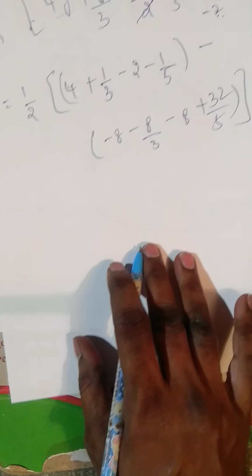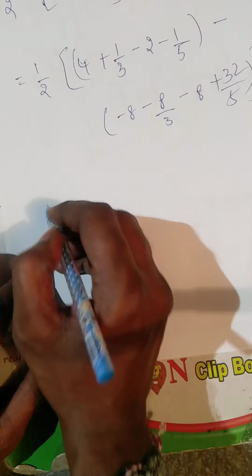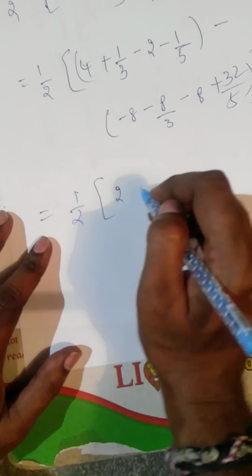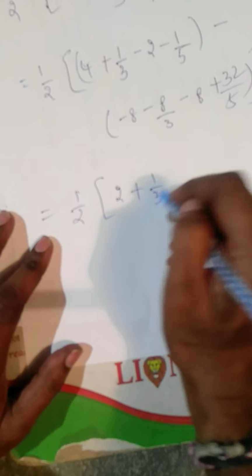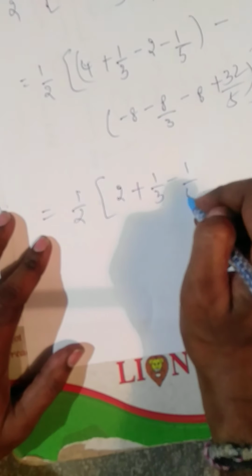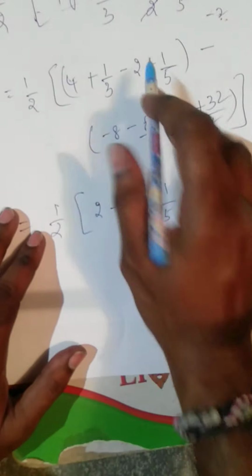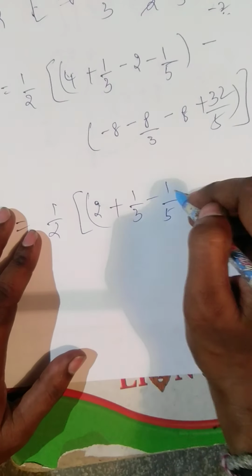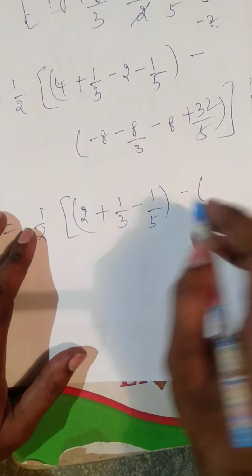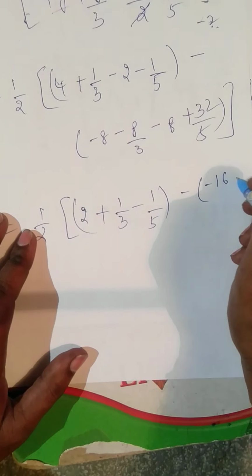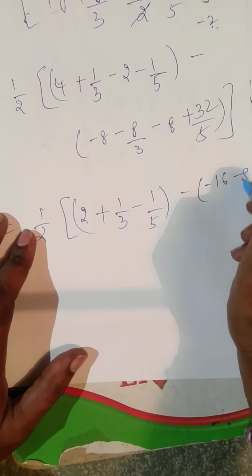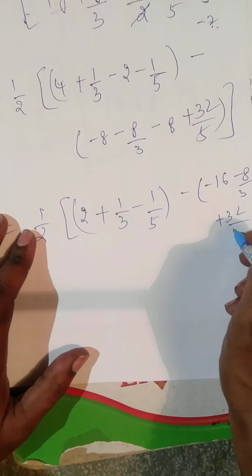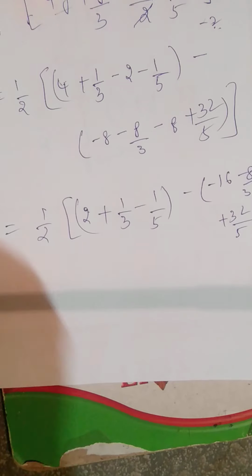You'll get 4 minus 2 is 2. 1 by 2 into, this is 2 plus 1 by 3 minus 1 by 5. Okay, 4 minus 2 is 2, right? This is one term, minus this is minus 16, minus 8 by 3 plus 32 by 5.